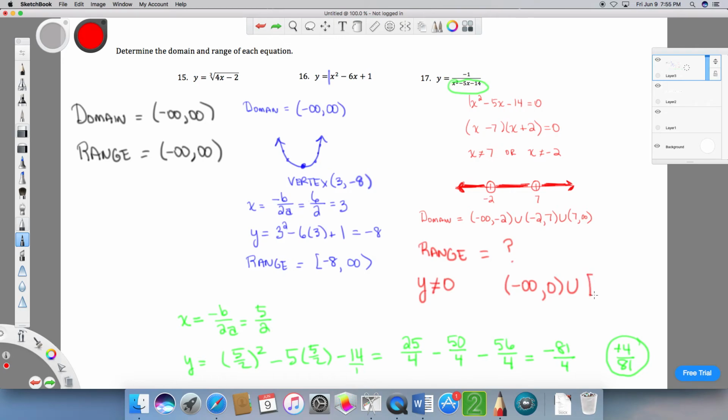So I have a bracket here at 4 over 81, comma, infinity. So this guy was definitely a very challenging problem, but not impossible. I'm sure that some people may have figured it out or came close to figuring it out. And now that they've seen this, and if they practice and did a few more, you'd be able to do it.